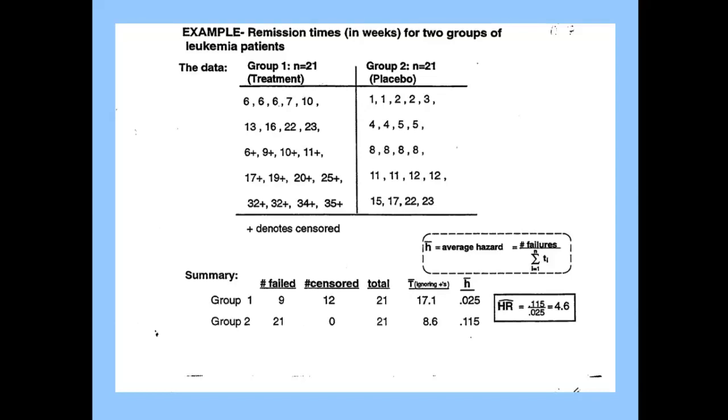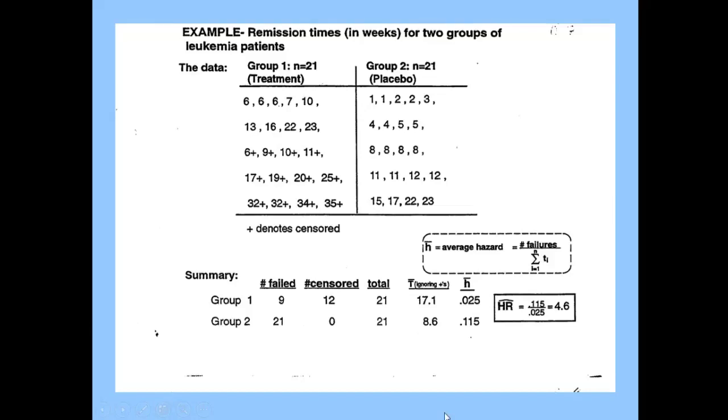Well, it does, because when we're talking about the means, we're focusing on surviving, how long they last. When we're talking about the rate, we're talking about failing, how long they don't last, how many people go out of remission. So we would expect that if this average is higher than this one, this average rate would be smaller than this one, and sure enough it is.